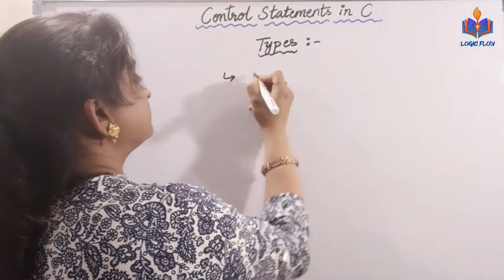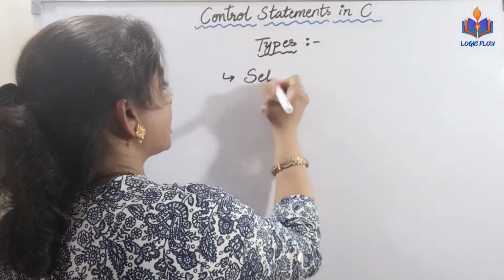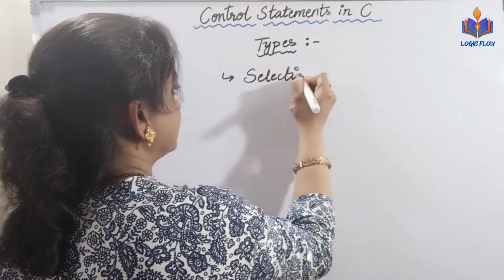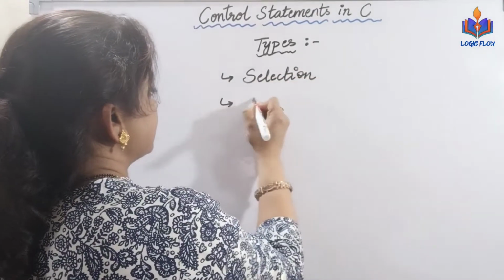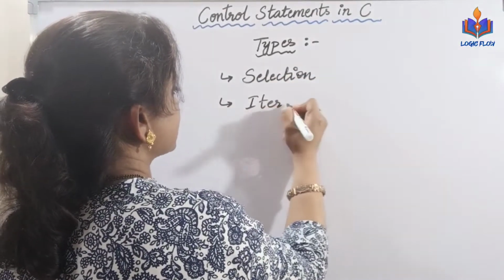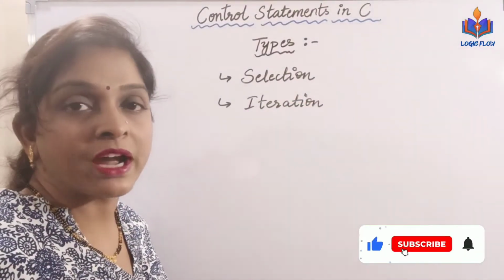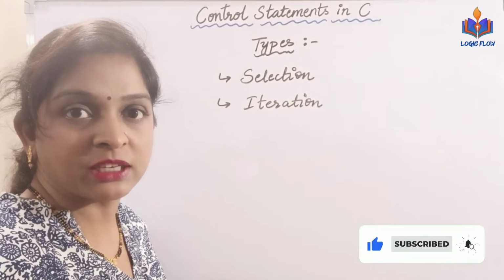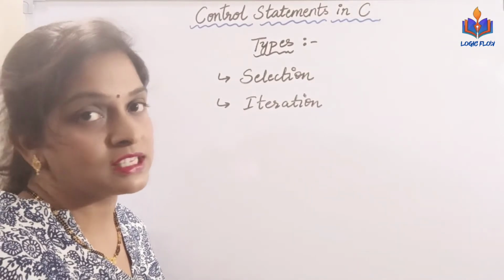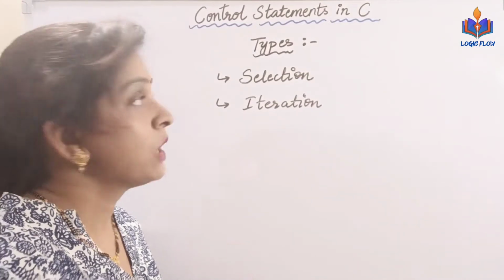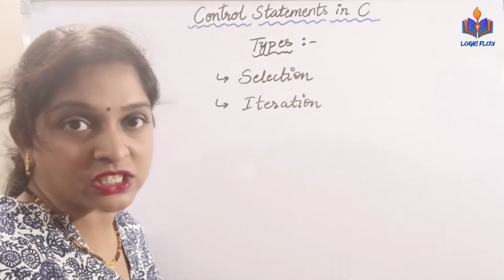One is the selection control statement. The other one is the iteration control statement. So we have two kinds of statements, selection control statements and iteration control statements. So let us see what is selection and iteration.